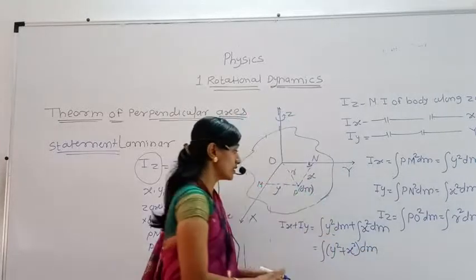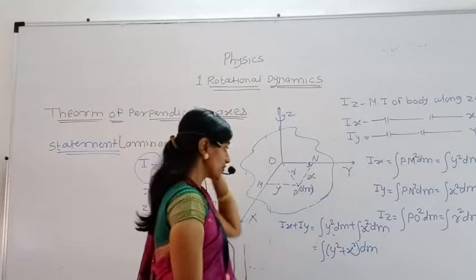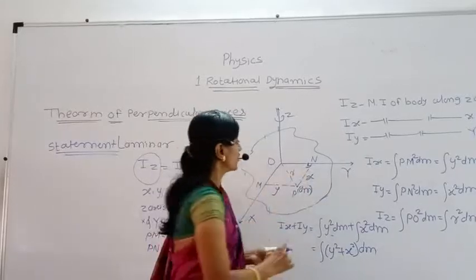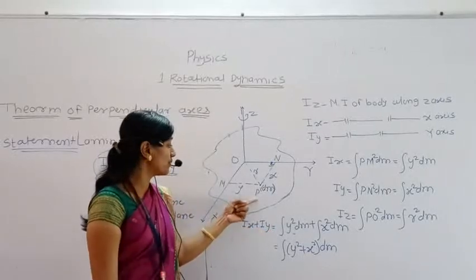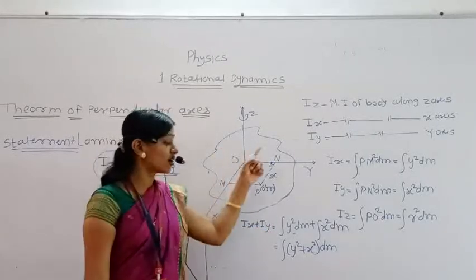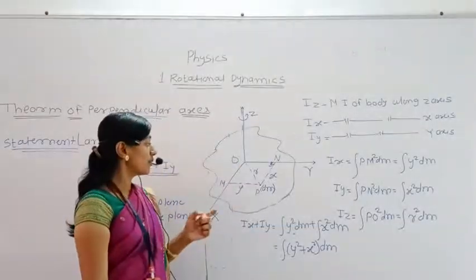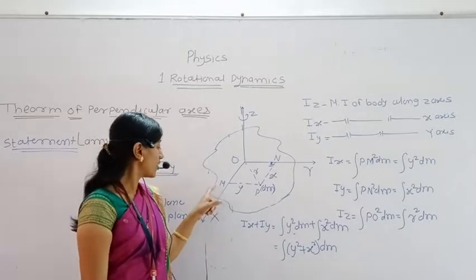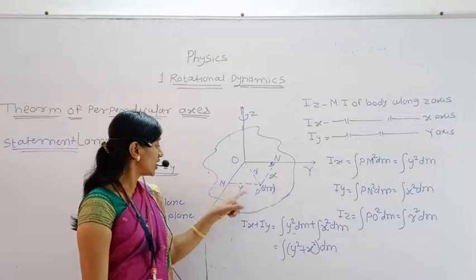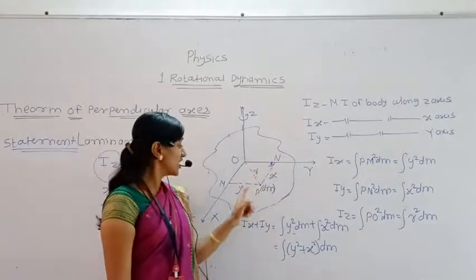If you paid attention to that diagram, we already drew the two perpendiculars from point P along the x axis and along the y axis. The two perpendiculars intersect the x axis at point M and the y axis at point N respectively.